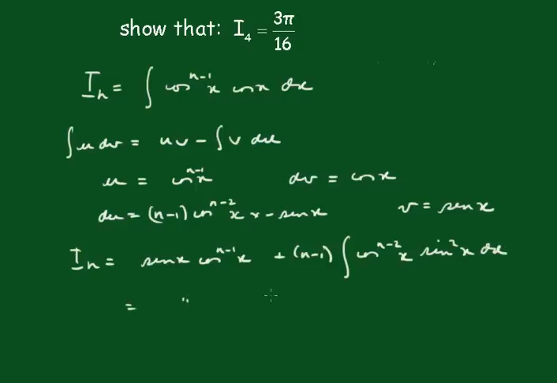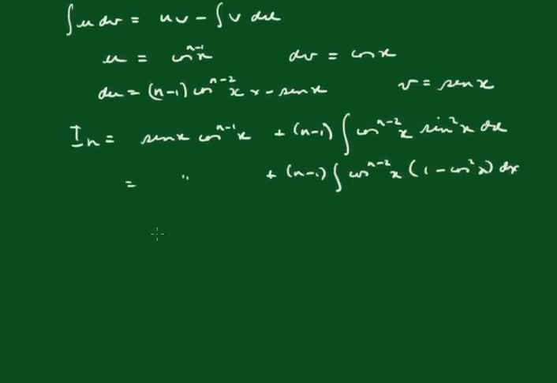This is (n-1) times the integral of cos^(n-2) x (1 minus cos squared x) dx, and that equals (n-1) times I_(n-2) minus (n-1) I_n. We're multiplying that one and that one together.